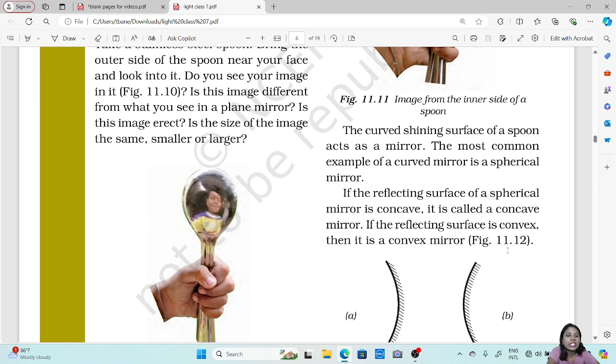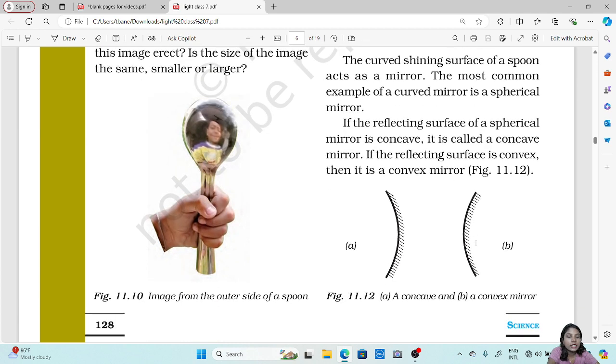The most common example of a curved mirror is a spherical mirror. If the reflecting surface of a spherical mirror is concave, it is called a concave mirror. Such a mirror which has that bulging effect outside is called a convex mirror.